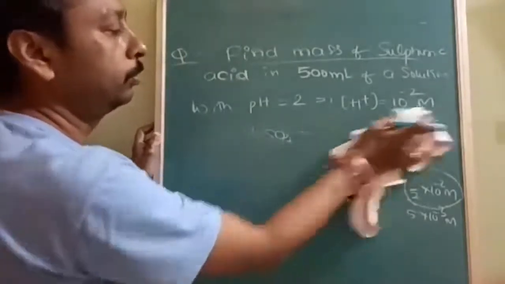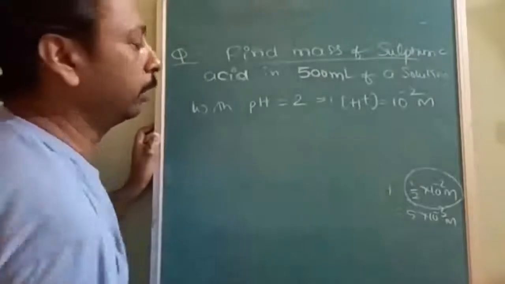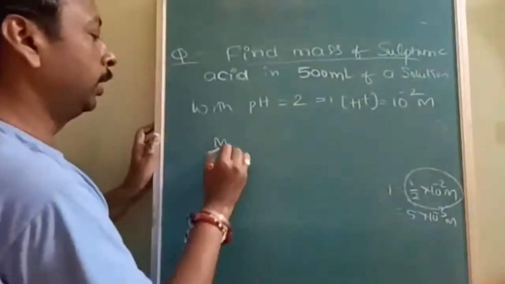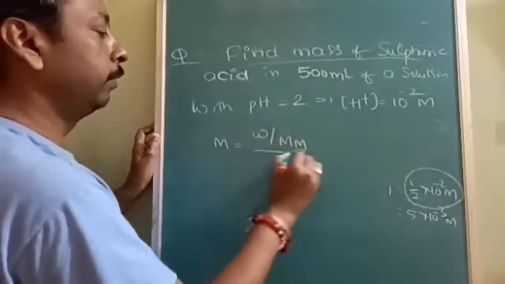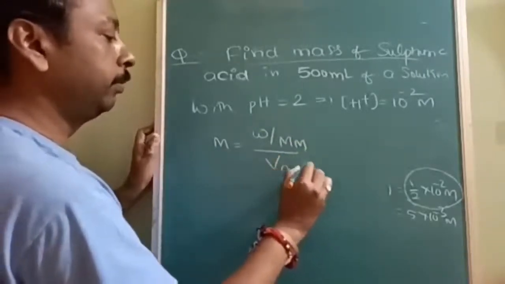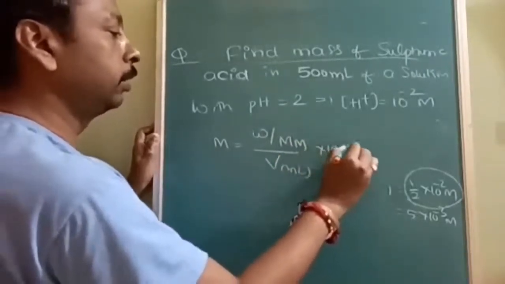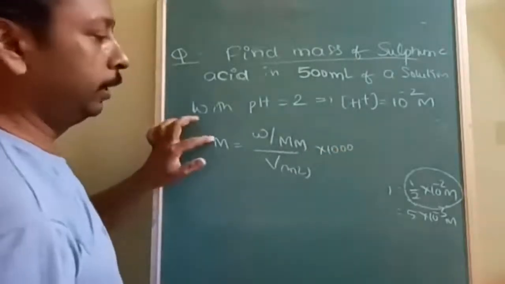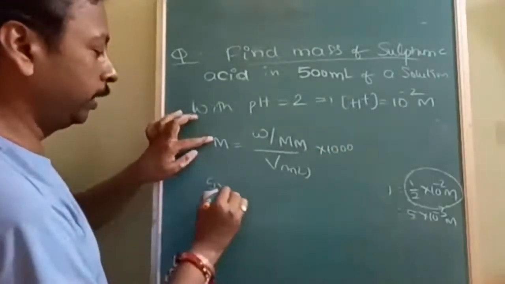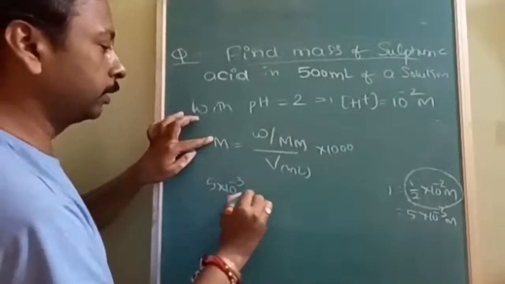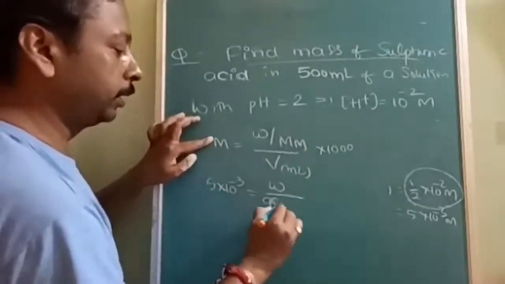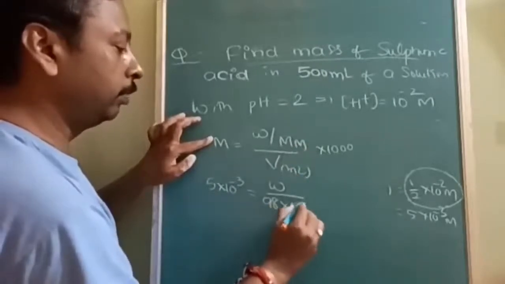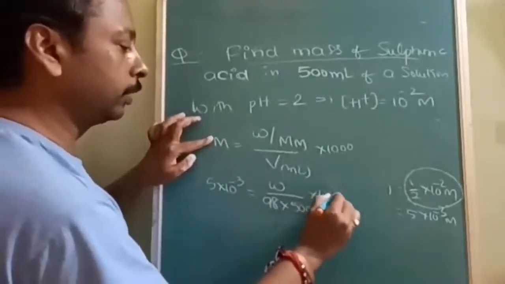Now I will use the sulfuric acid molarity formula. Okay. So molarity is equal to mass upon molecular mass divided by volume. If it is in milliliter, multiplied with 1000. Okay. So here molarity is equal to 5 into 10 to the power of minus 3. Mass is the one which we want to find out. Molecular mass is 98. Volume is 500 into 1000. Okay.